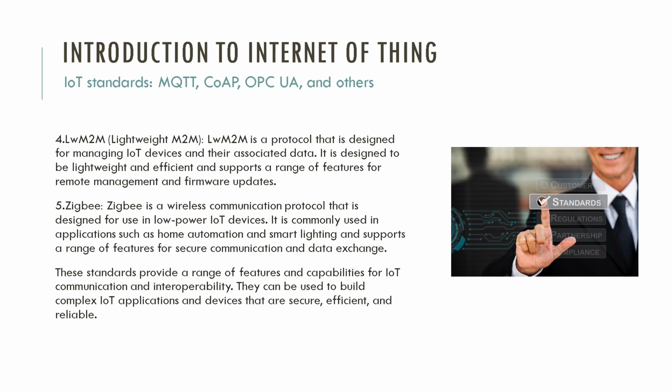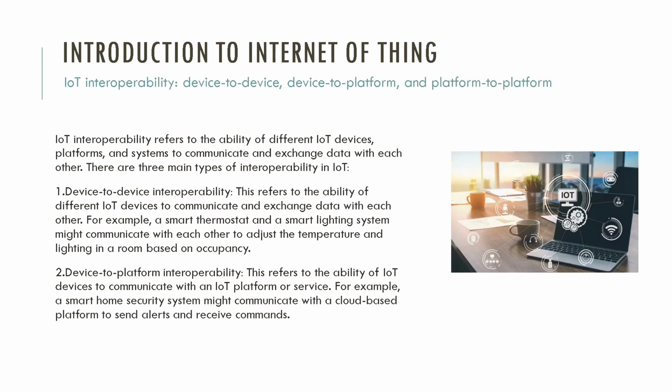These standards provide a range of features and capabilities for IoT communication and interoperability. They can be used to build complex IoT applications and devices that are secure, efficient, and reliable. IoT interoperability refers to the ability of different IoT devices, platforms, and systems to communicate and exchange data with each other.